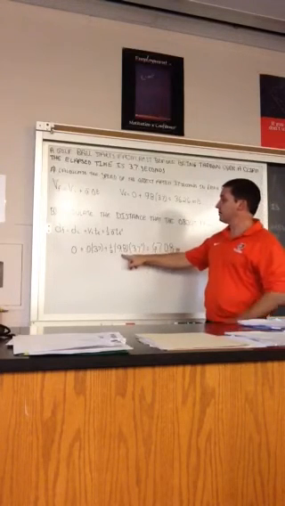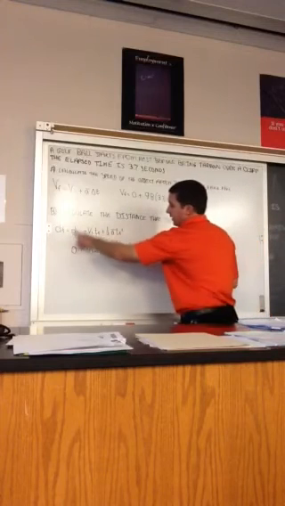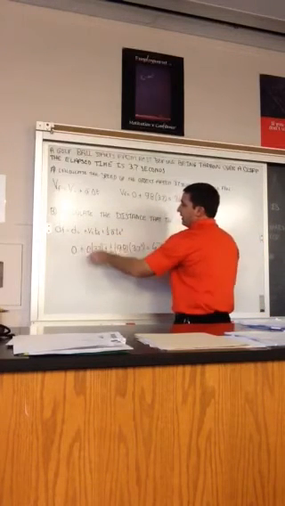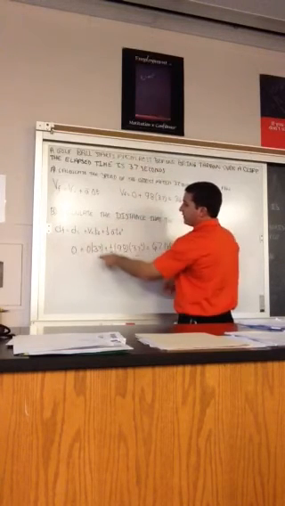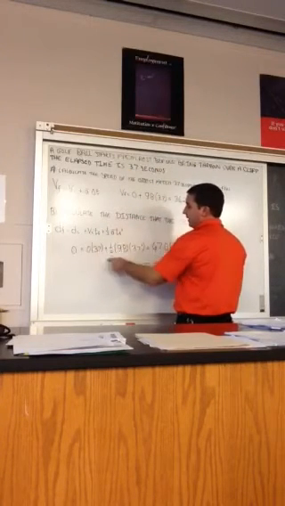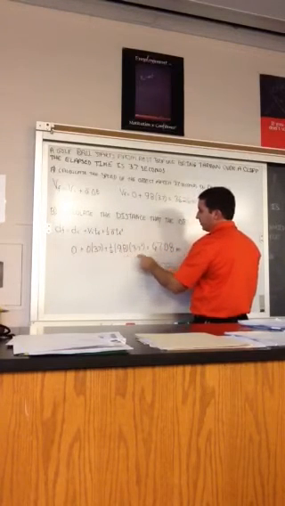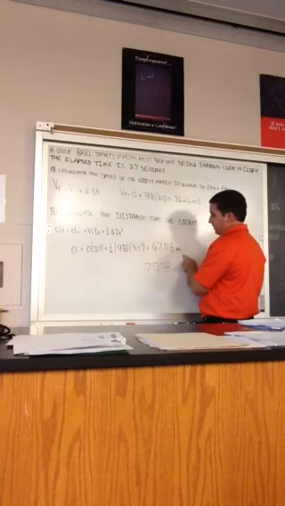All right, so acceleration is always 9.8. Now, when you plug everything in here, the initial distance is always 0, just like it was before. The initial speed is 0. Why? Because it says it starts from rest. The time is 3.7 plus 1/2 times gravity times 3.7 squared. You multiply these numbers together, you get 67.08 meters.